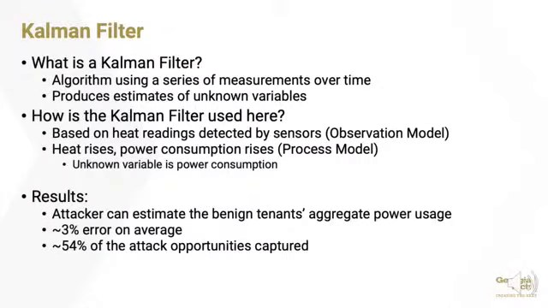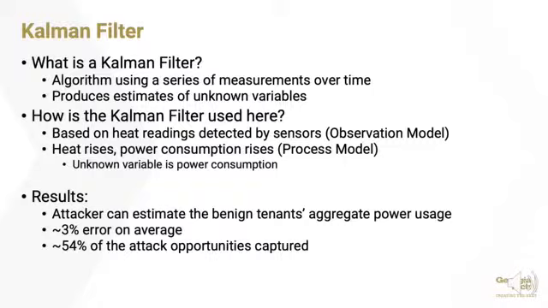Now, what is a Kalman filter? Well, there's a lot of math behind the Kalman filter, but I'm not going to go into detail because I'd probably spend the entire presentation just discussing it. But it's basically an algorithm that uses a series of measurements that have been observed over a period of time.